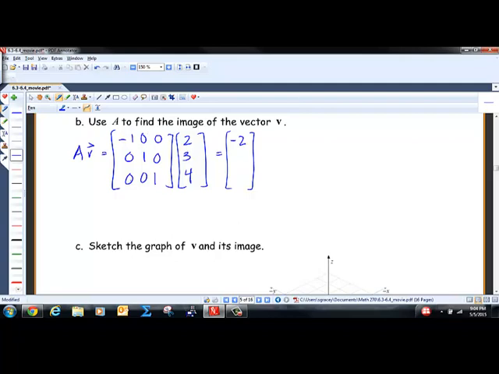And then this entry is going to be 3, and this one will be 4. Are we good? Perfect. And we found it here. Or if you want, you could write it as, let's do this, T of 2, 3, and 4 we found to be negative 2, 3, 4.